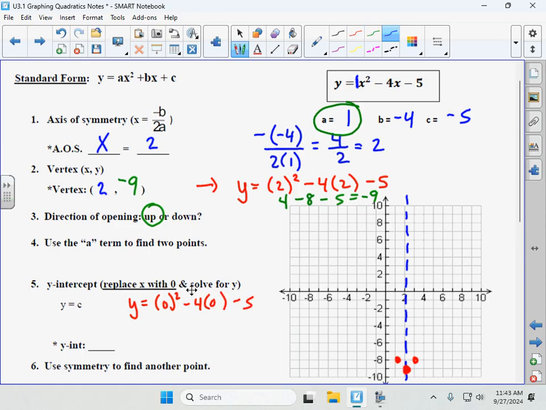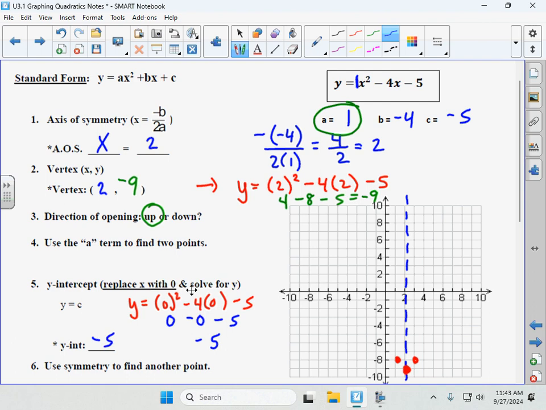When you simplify this, you get negative 5. Negative 5 is the c value, and that's what the y-intercept is always going to be. It's always the constant term in the equation because you're replacing all the x's with 0. So the y-intercept is negative 5.